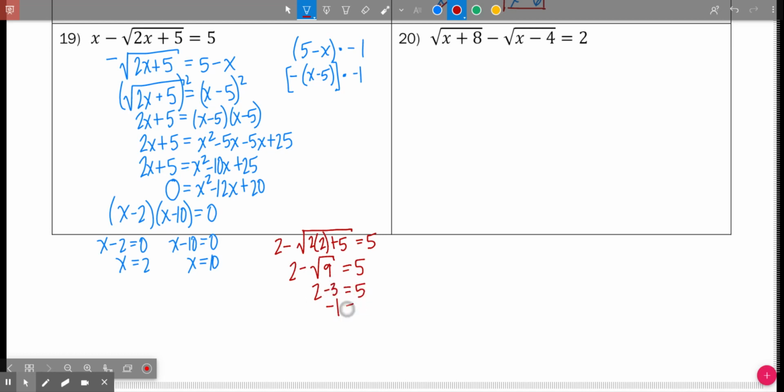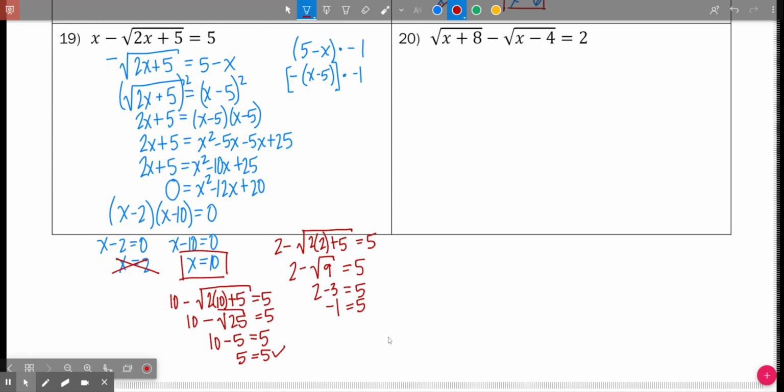Well, that's negative 1 equals 5, which is false. So 2 is not going to work. And then I try 10. So I have 10 minus the square root of 2 times 10 plus 5 has to equal 5. So 10 minus the square root of 25. Square root of 25 is 5, and 10 minus 5 is 5, and 5 equals 5. So my only possible solution is 10.